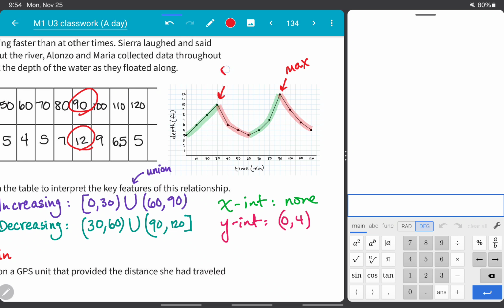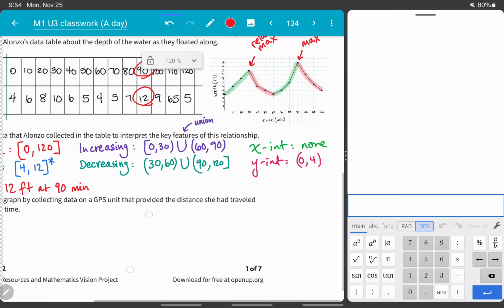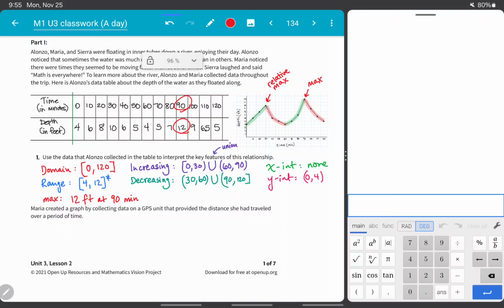We're going to call this a relative maximum because it's the highest point compared to the points around it. It's clearly a peak, but it's just not the tallest peak. So we have another relative maximum at 30, 10. I'm going to put relative max, 10 feet at 30 minutes.